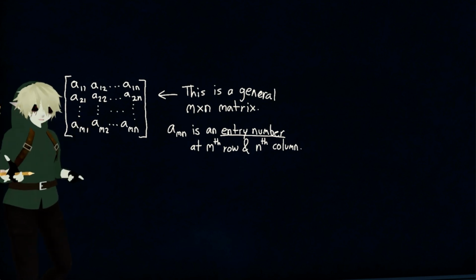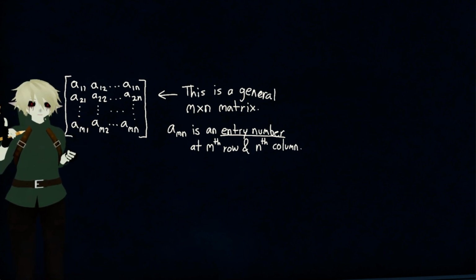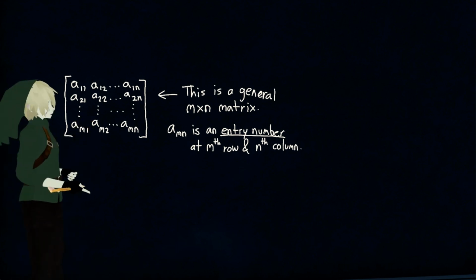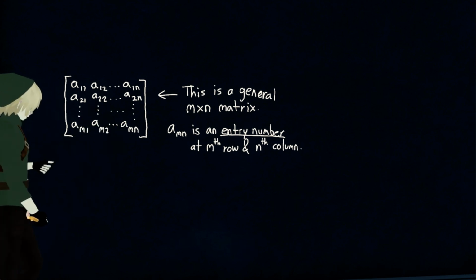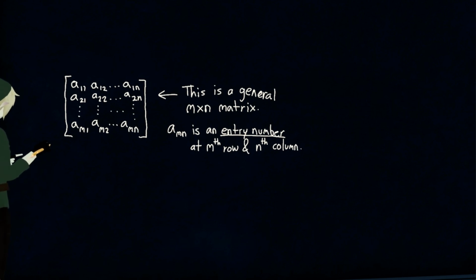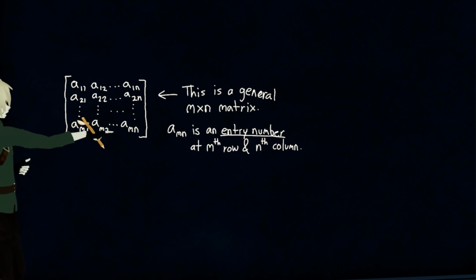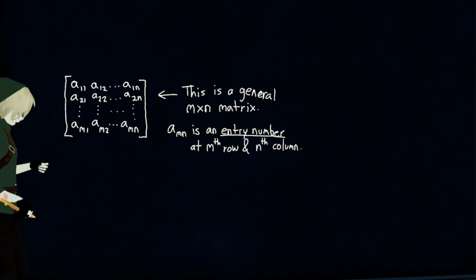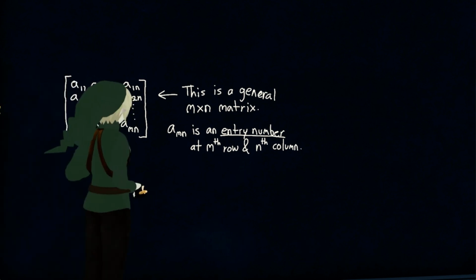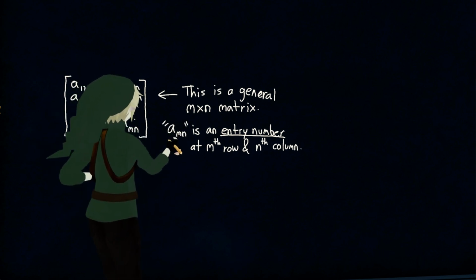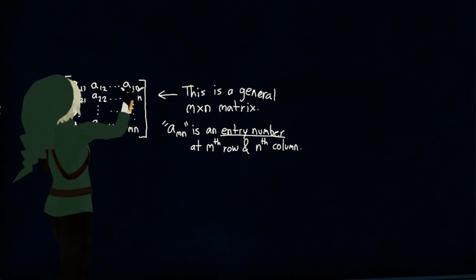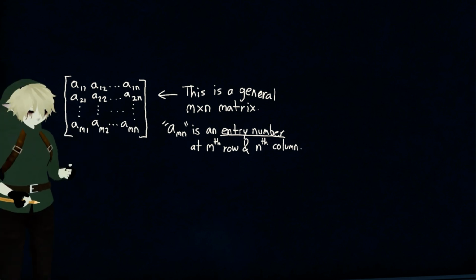It's just giving you what a matrix looks like and the generalization of it. And these dots just mean however many, whatever m and n is. So now that we know what an entry is, it's notated like this, and we have an m by n matrix.